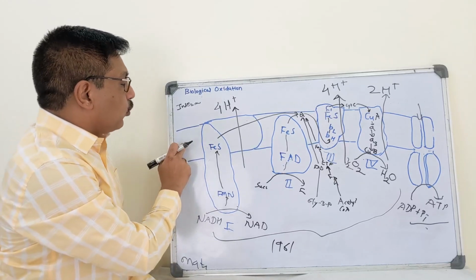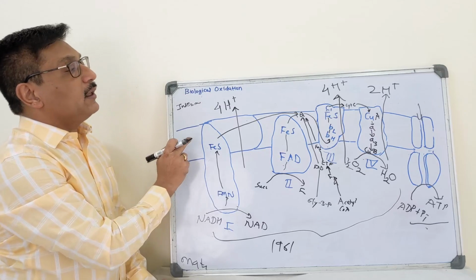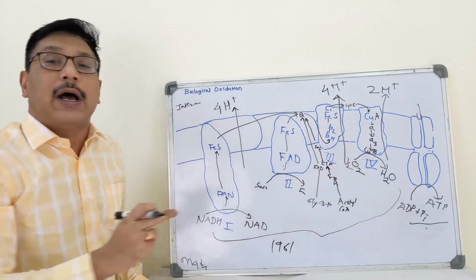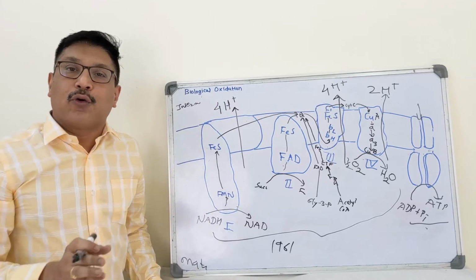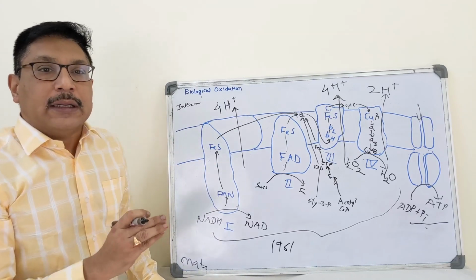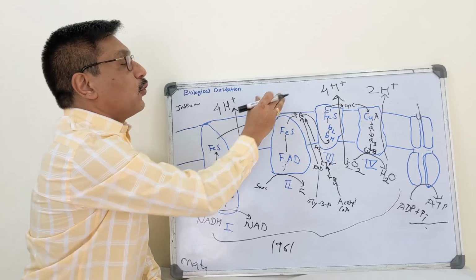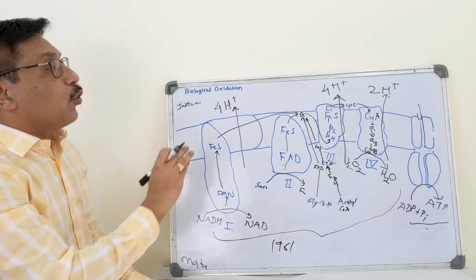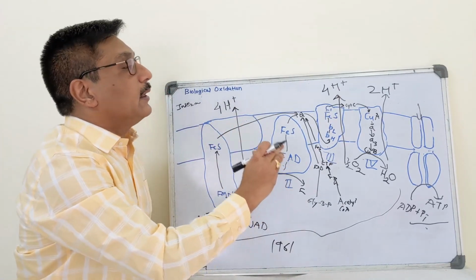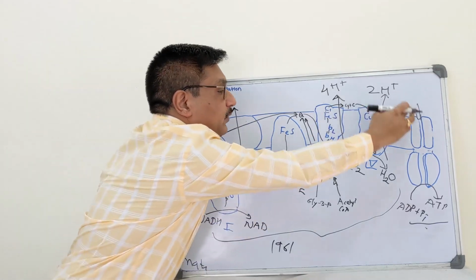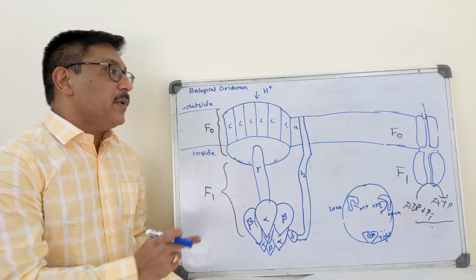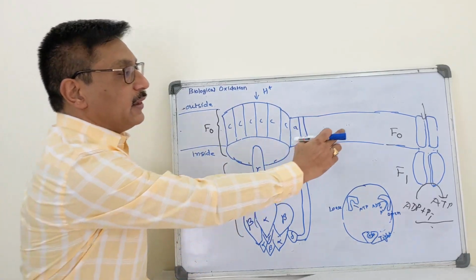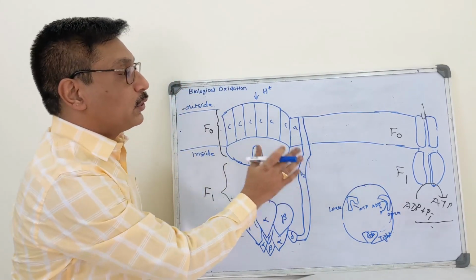Since the inner mitochondrial membrane is impermeable to ions and particularly to protons, these accumulated protons cause a proton motive force, and driven by this force, ATP is generated. A membrane-located ATP synthase acts as a rotary motor.